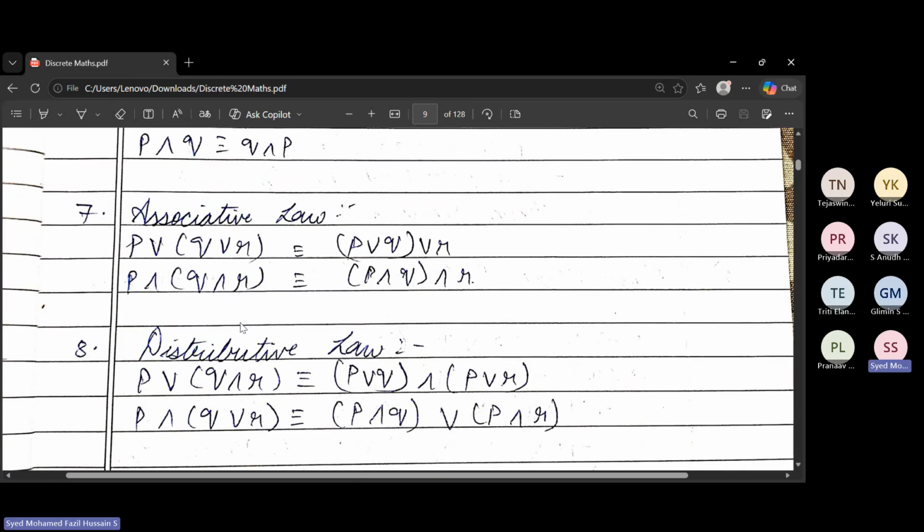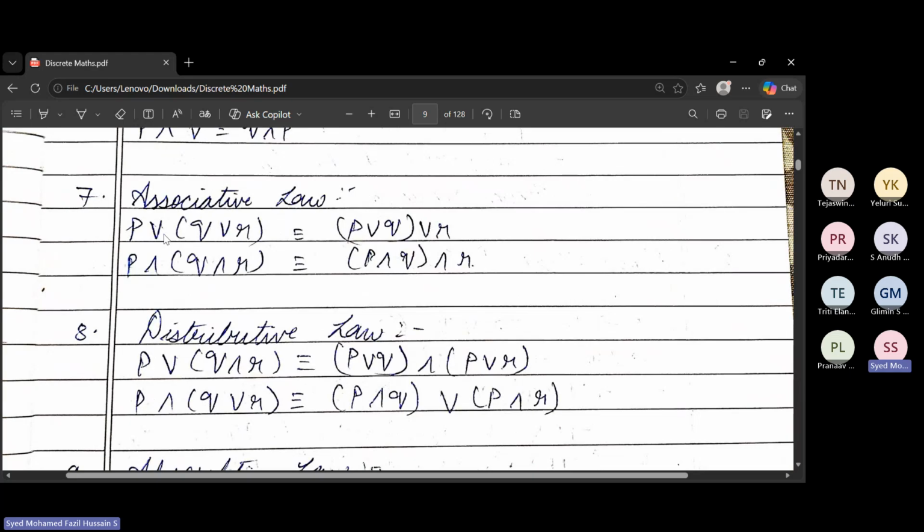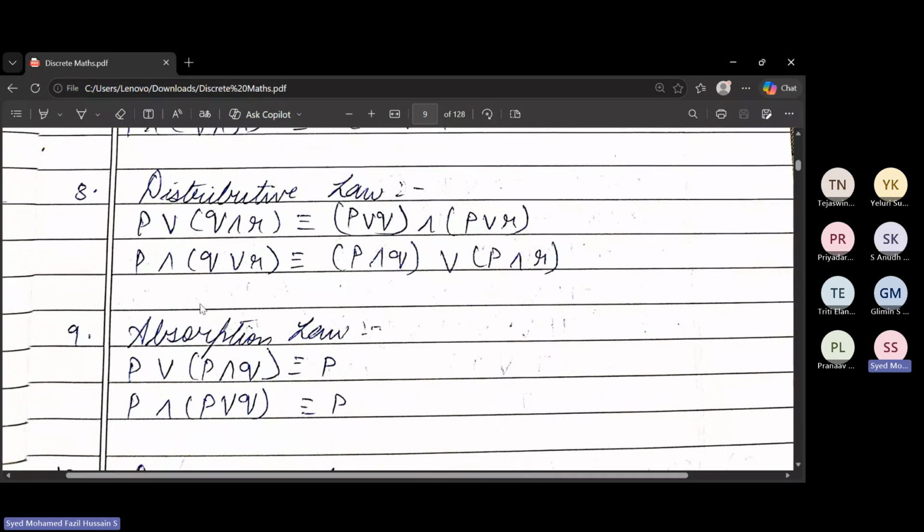And here, distributive law is different from associative law because in associative law it is only or, or only and. But in distributive law, if p or q and r is present, we have to distribute that p over q and r. As you can see here, this p is distributed over q and r.